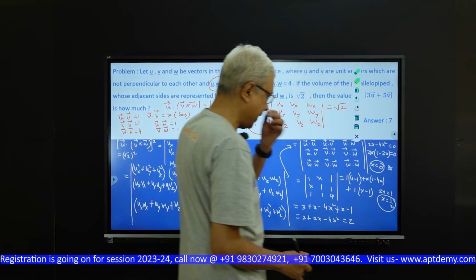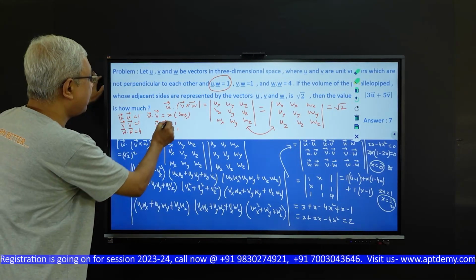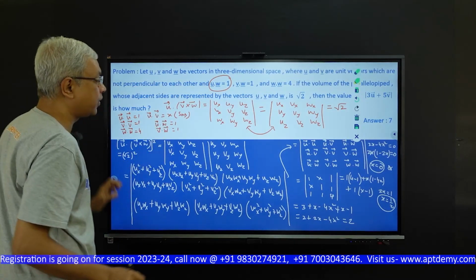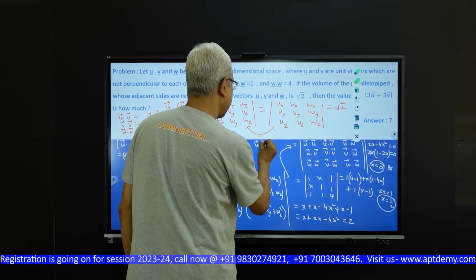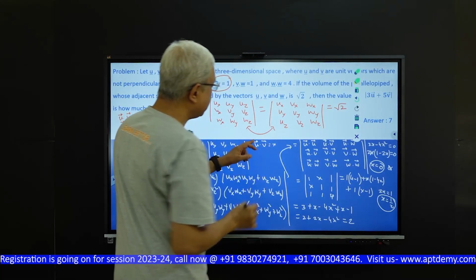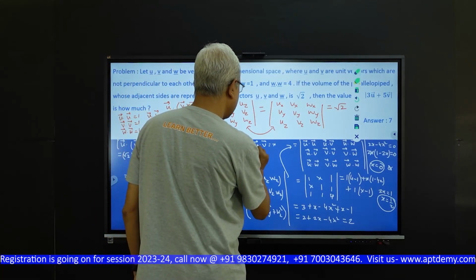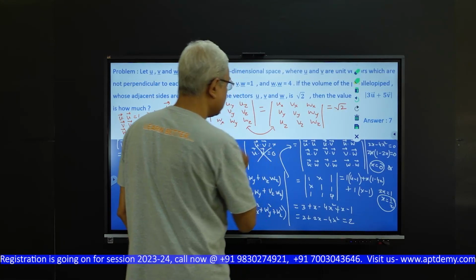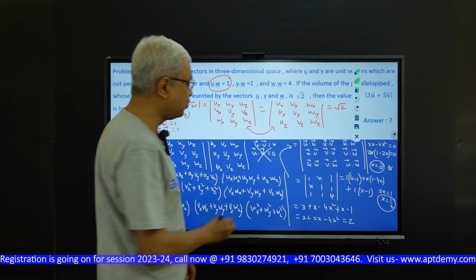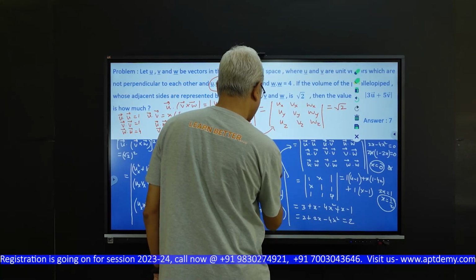So x equal to 0 means x is how much? I have taken u dot v equal to x. But u and v are not perpendicular to each other, therefore u dot v cannot equal 0. This cannot be a possible solution. So u dot v has to be equal to half.